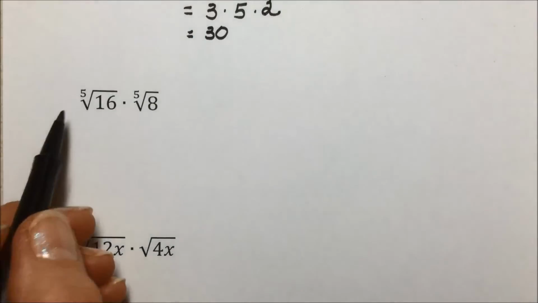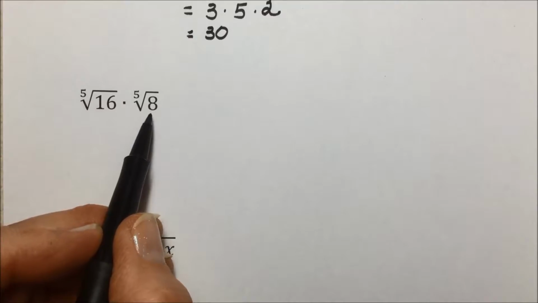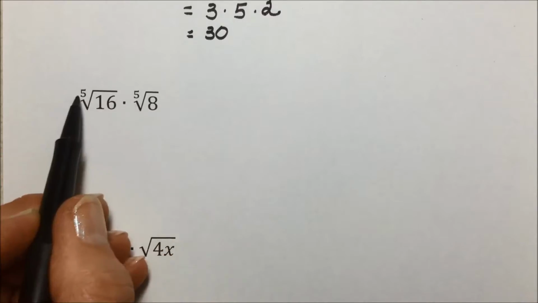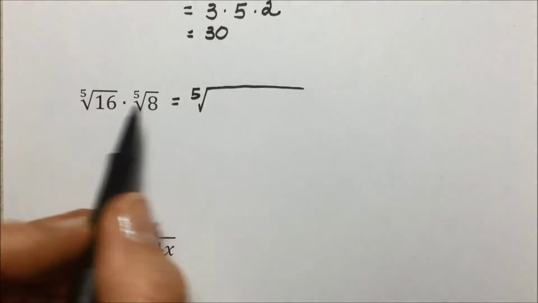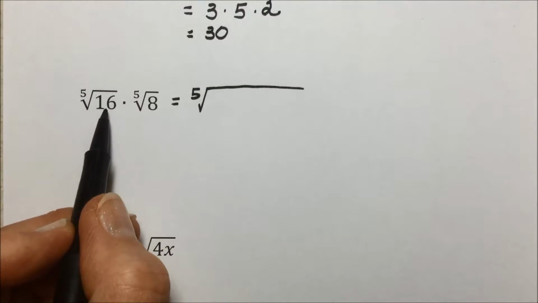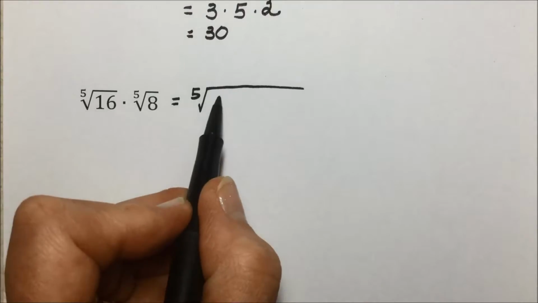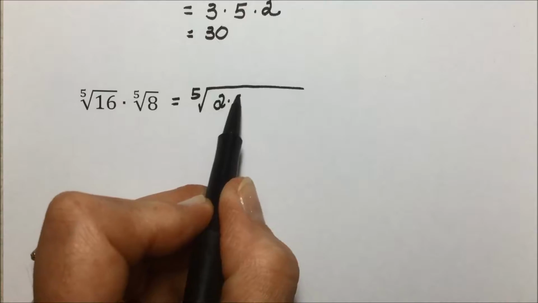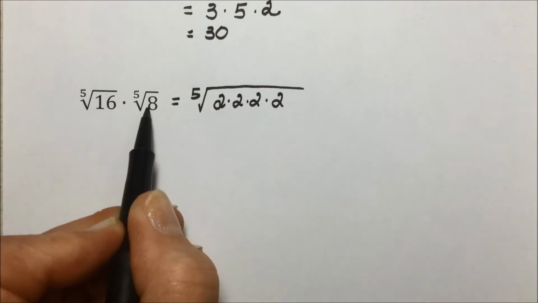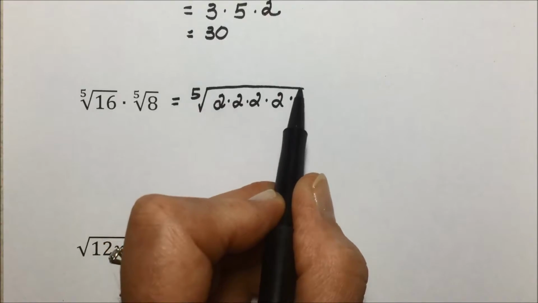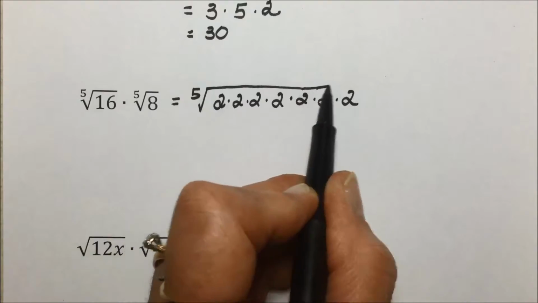In the next example, we're asked to take the fifth root of 16 times the fifth root of 18. Since the indexes are the same, we will combine them underneath the same radical. 16 in prime factorization is 4 2's multiplied together. It is 2 times 2, which is 4, times 2, which is 8, times 2 is 16, times 8, which is 2 times 2 times 2.